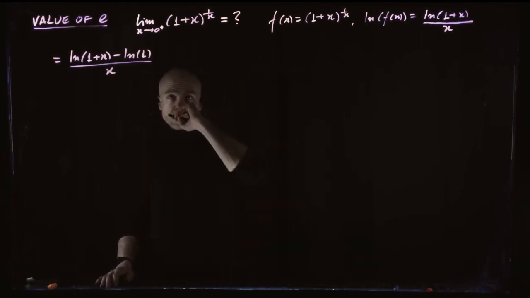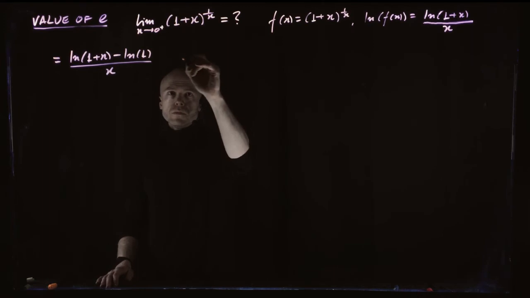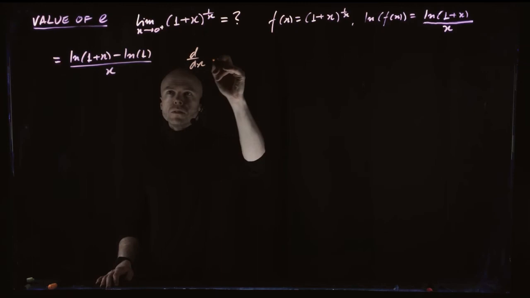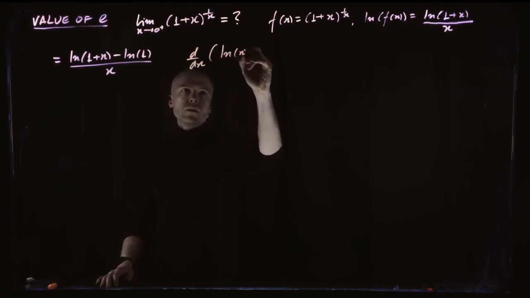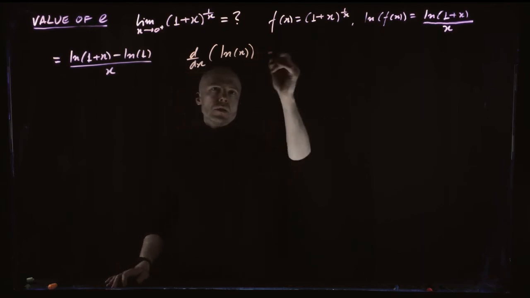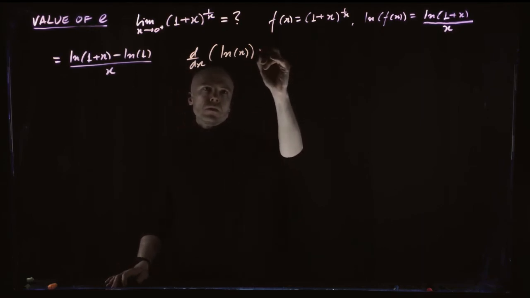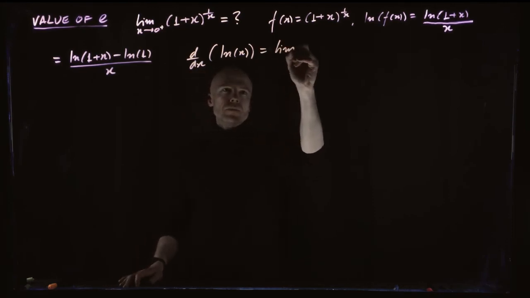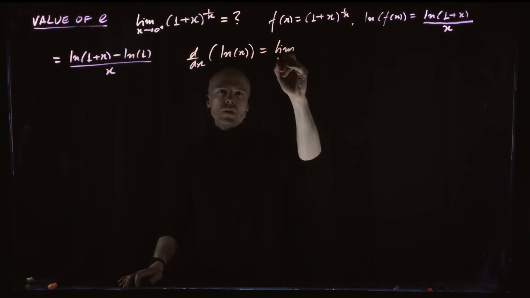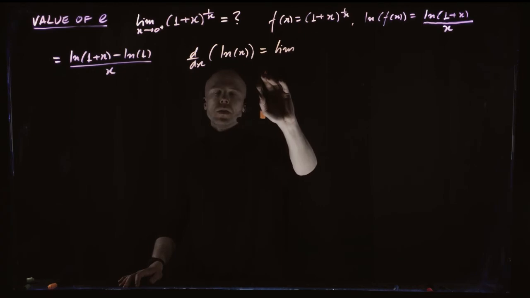So d by dx of log of x, I don't know how to write this. d by dx of log of x is equal to the limit as, because we used x already once. All right.